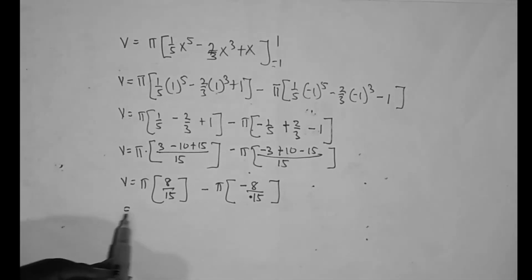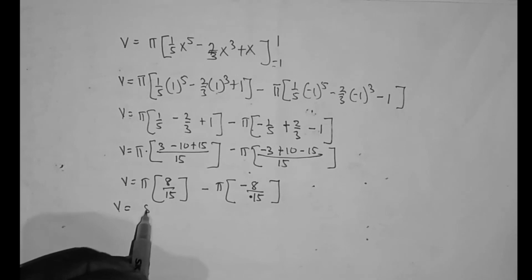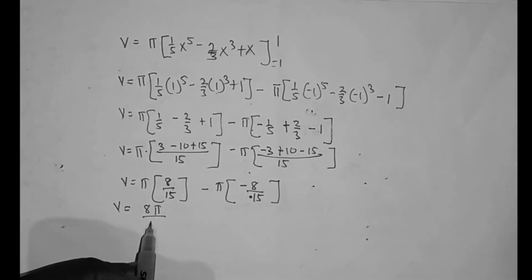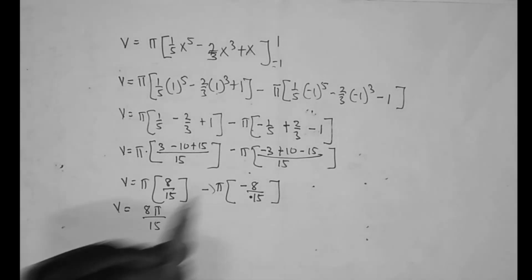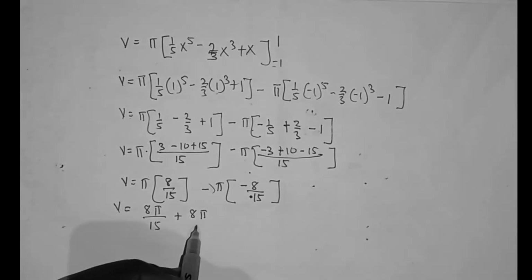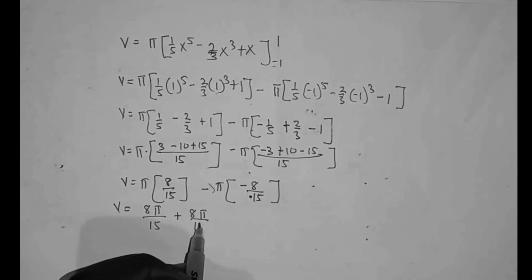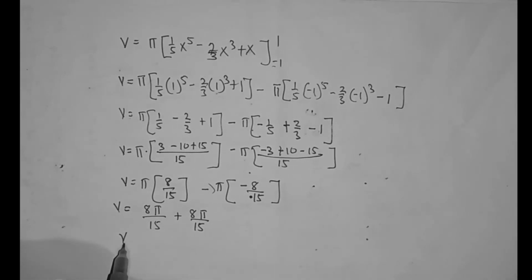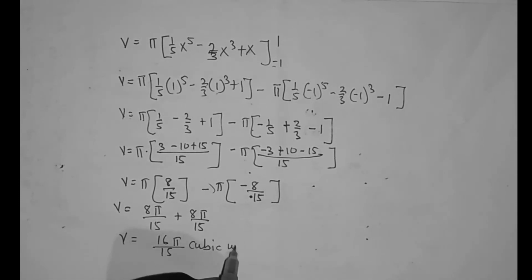So this becomes V is equal to 8 pi over 15. Then minus becomes plus 8 pi over 15. So the volume is equal to 8 plus 8 is 16, so 16 pi over 15 cubic units.